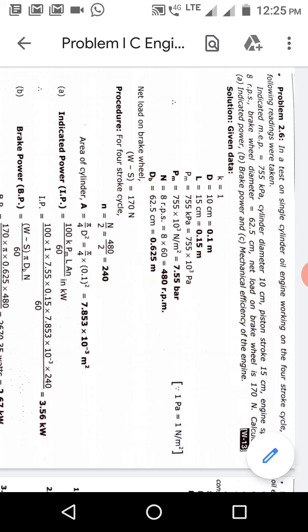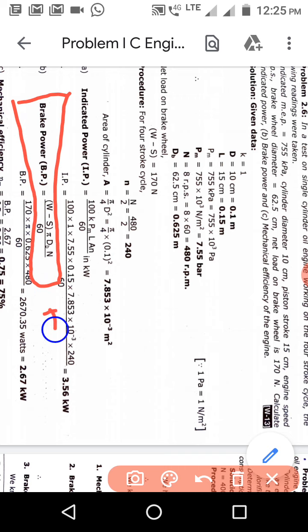With the help of this information about the brake drum, we are calculating the brake power. So this is the formula for calculating the brake power for rope brake dynamometer: net load into pi into diameter of brake drum into speed of the engine divided by 60, and again it is in revolution per minute.